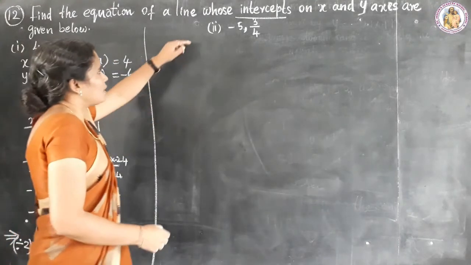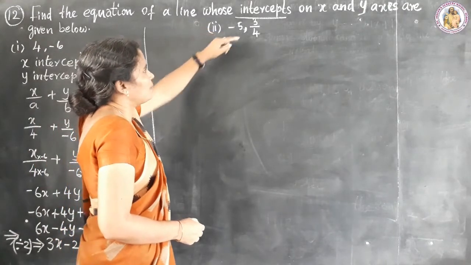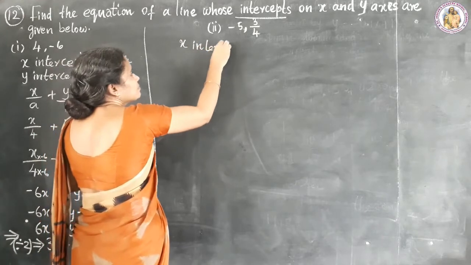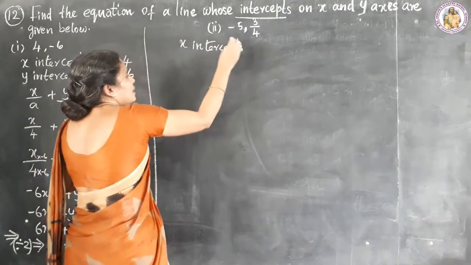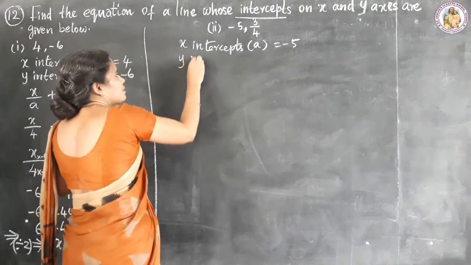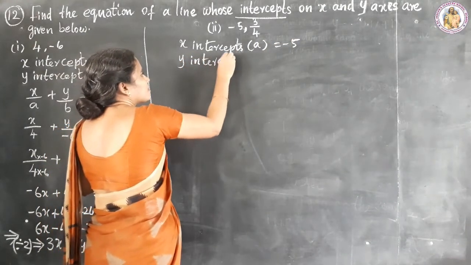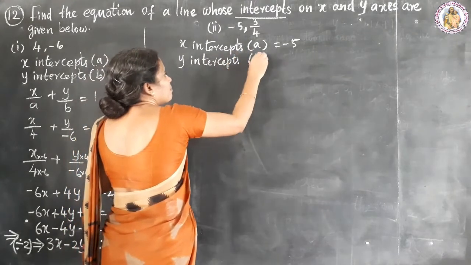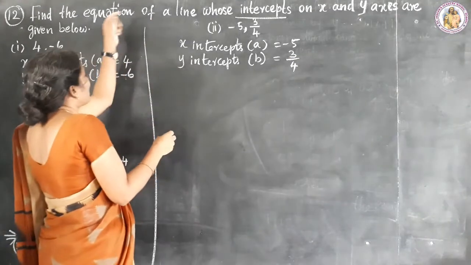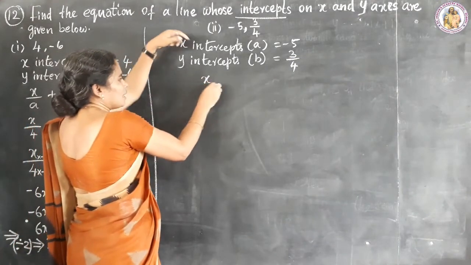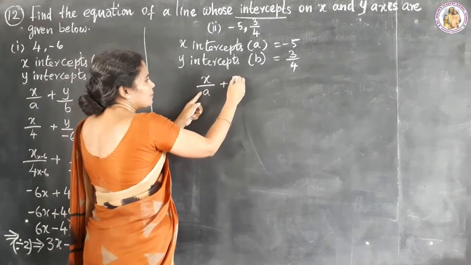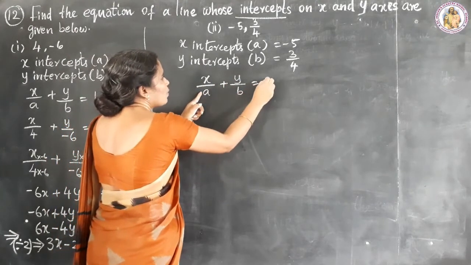And now let us move on to question number 2: minus 5, 3 by 4. X-intercept a is equal to minus 5 and y-intercept b is equal to 3 by 4. To find the equation of a line, use x divided by a plus y by b is equal to 1.